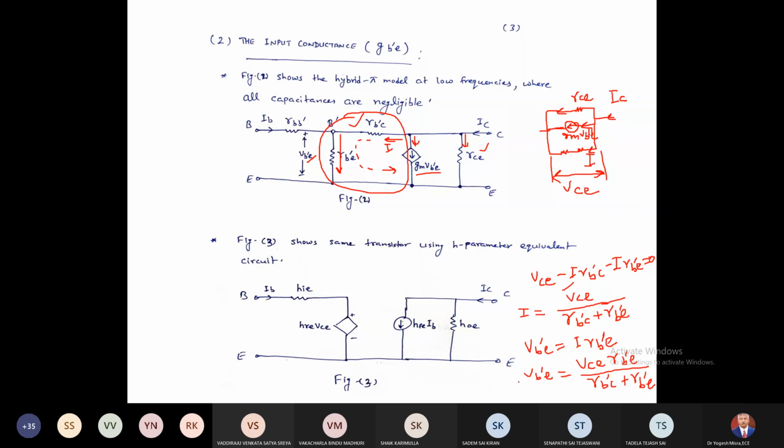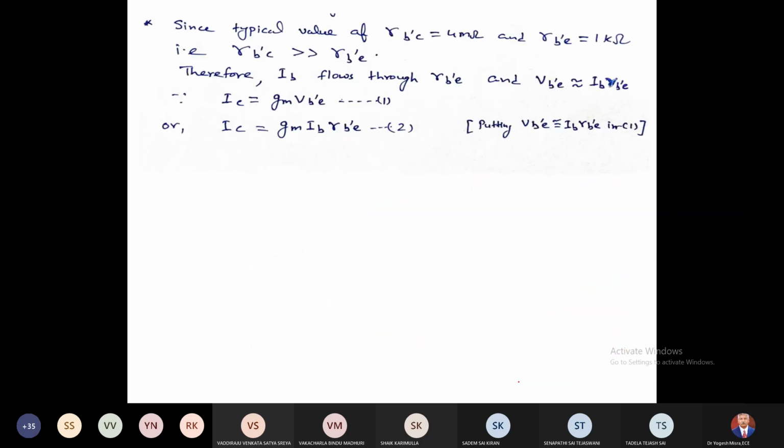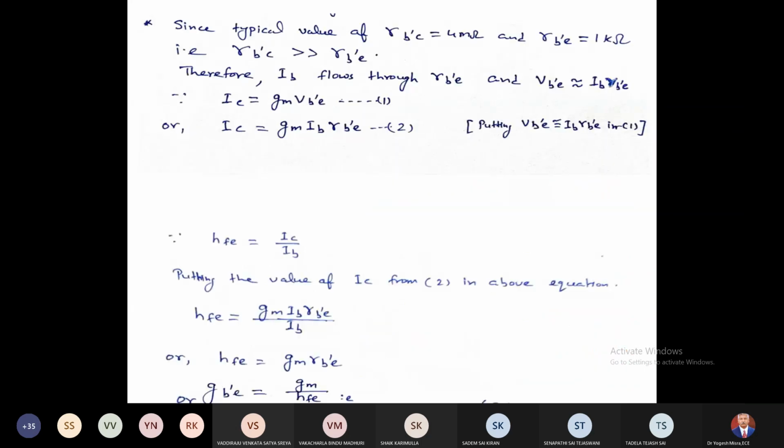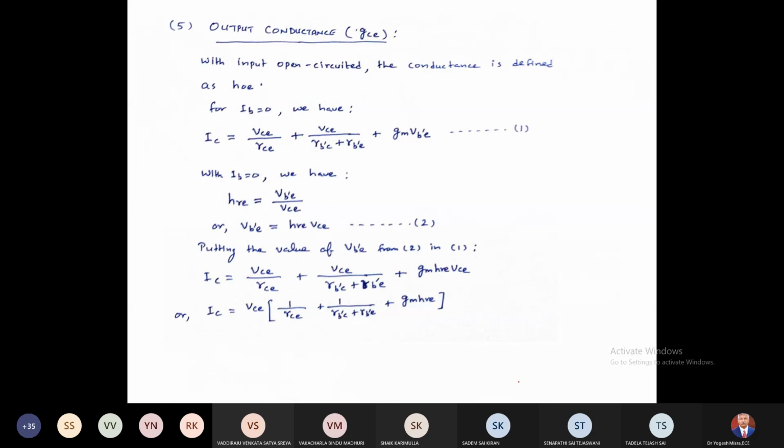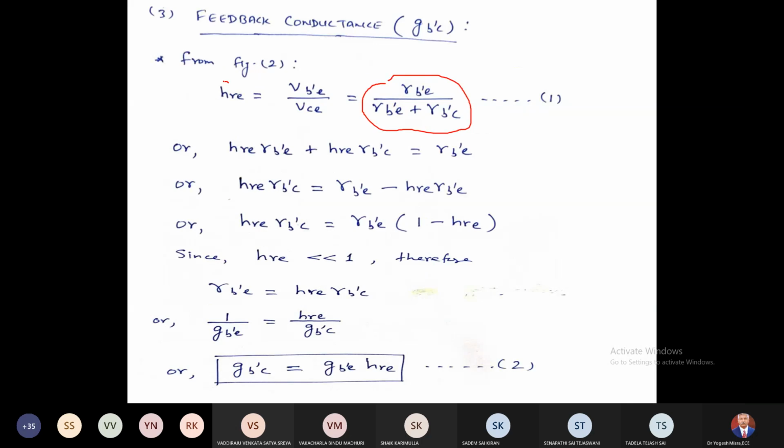So now you come to this reverse voltage gain expression. HRE is equal to VB'E by VCE, right?